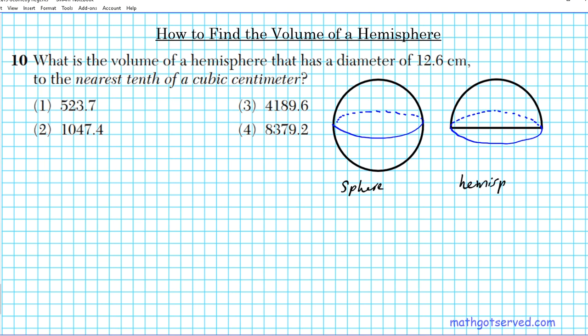And a hemisphere is basically a sphere that has been divided by 2. Sphere over 2, or you can write it as 1/2 of a sphere. Now that we know the relationship between a sphere and a hemisphere, we can write down the formula for the volume.